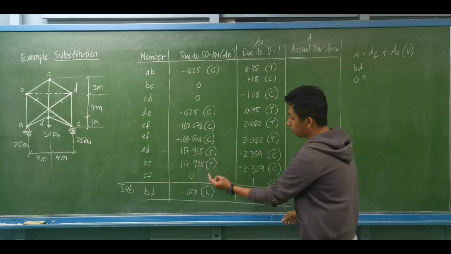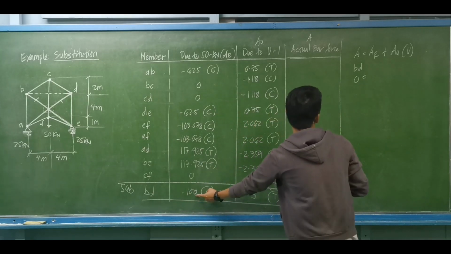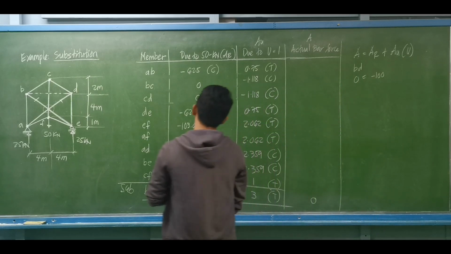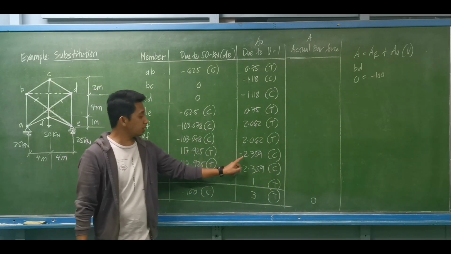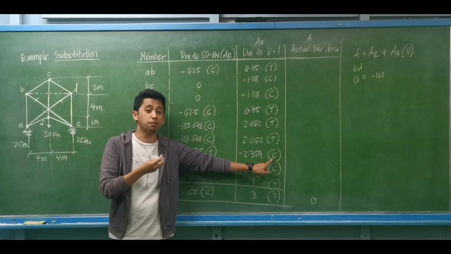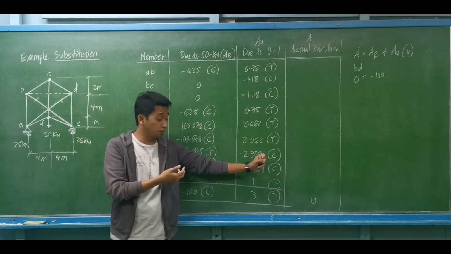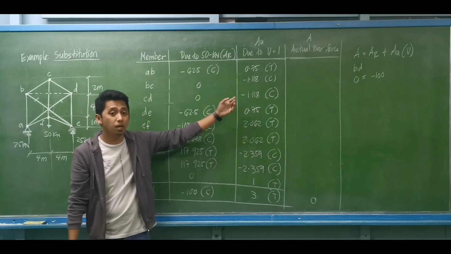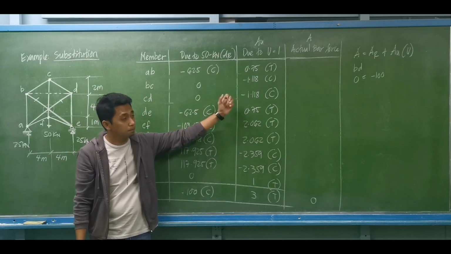What is the load for member BD due to real load? We got here negative 100. By the way, for those wondering about the signs, take note that if we have a compressive force for that member, it should be negative. For tension, or members under tension, positive.